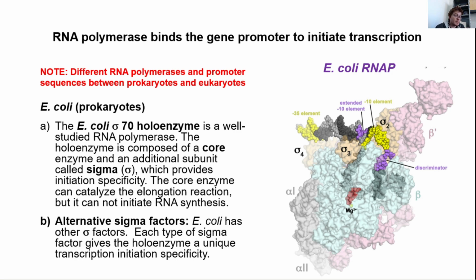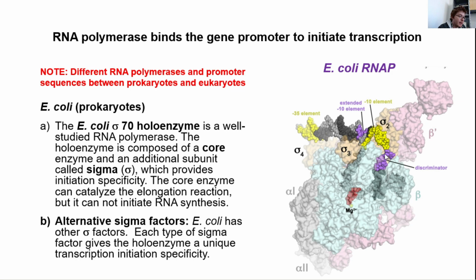So in prokaryotes, your RNA polymerase is composed of many subunits, and one of those subunits is called a sigma subunit. And the sigma subunit is what actually is responsible for recognizing those specific DNA sequences at the -35 and -10 positions on the DNA.